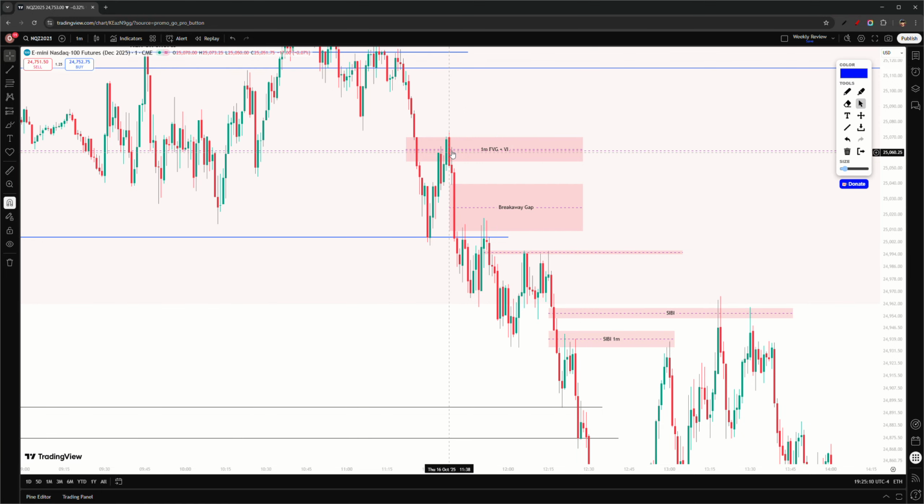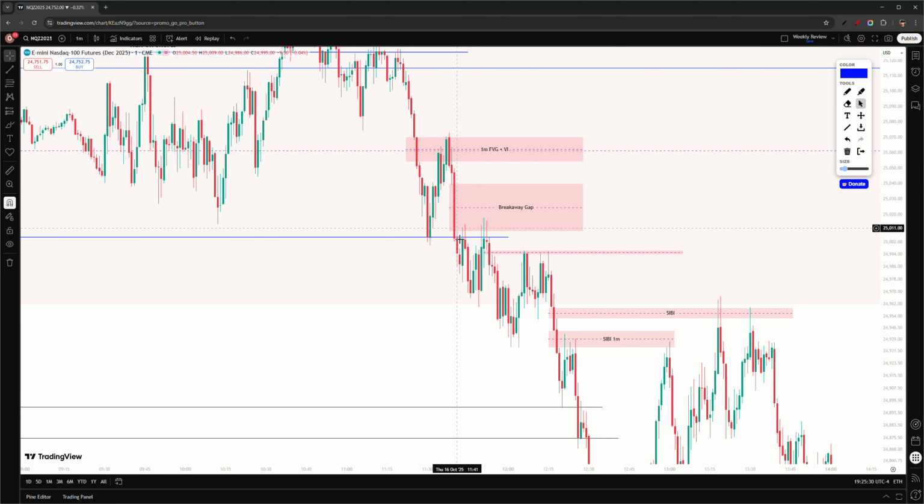we have to look at the bodies and how they're respecting those inefficiencies, right? And that helps us if price is retracing and respecting these inefficiencies. This shows us that we are going to continue going lower, right? Look at here.